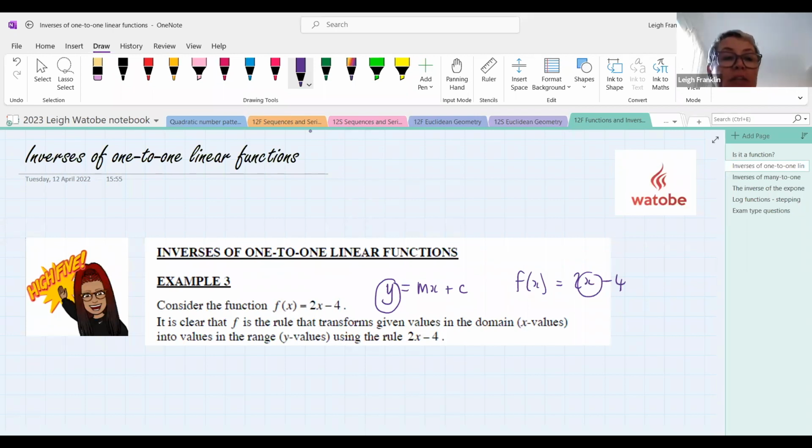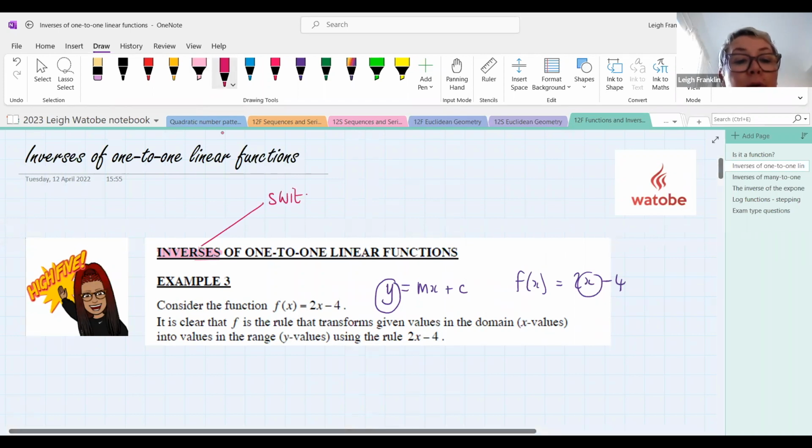All right, so let's just talk a little bit about that before we actually jump in and finish off this example. So when we are talking about an inverse, it is something that can be looked at in one of two ways, all right? So either you can consider it as switching x and y.